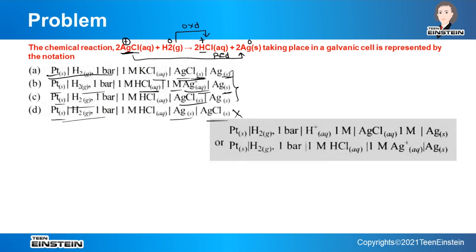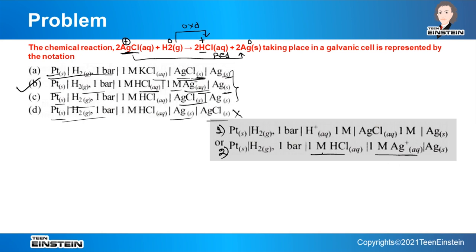Here you can see two cell representations are written. The second one is present in option B. So option B is actually the correct option, because we have to mention Ag plus aqueous.